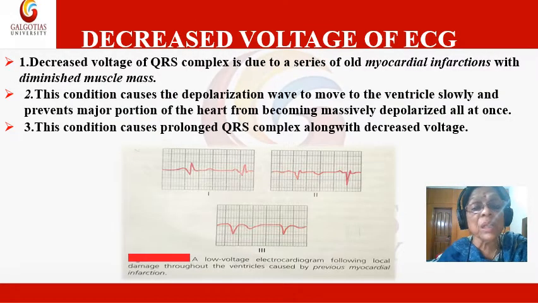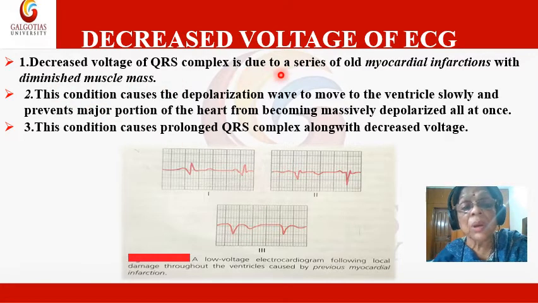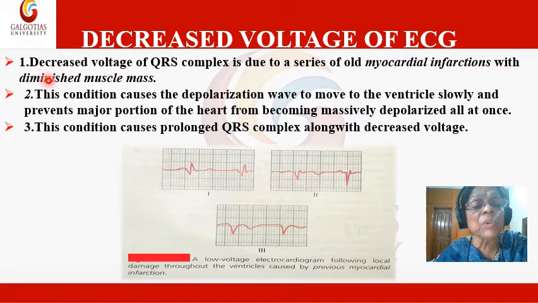Now, decreased voltage of ECG. Decreased voltage of the QRS complex is due to a series of old myocardial infarctions with diminished muscle mass. Whenever a person has several heart attacks, some of the cardiac tissue is lost, resulting in diminished cardiac muscle mass.